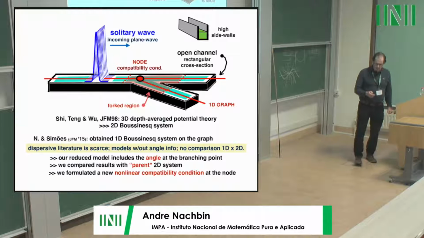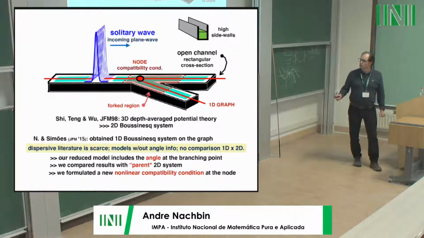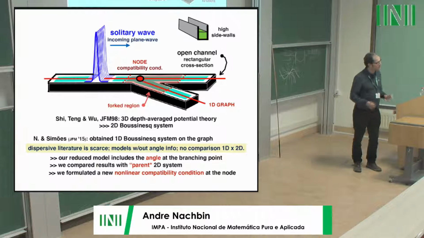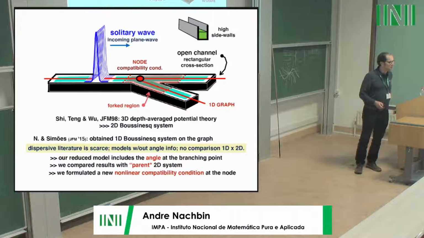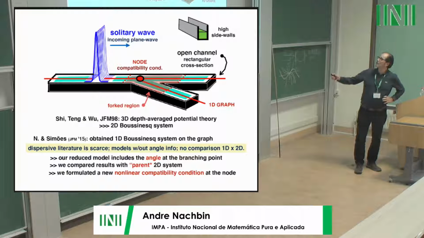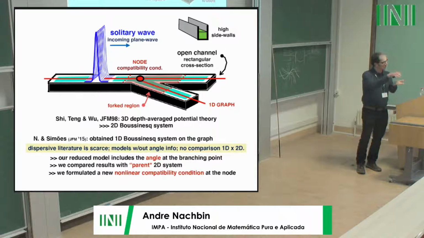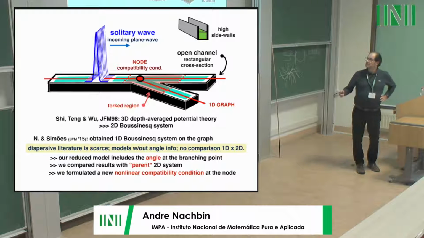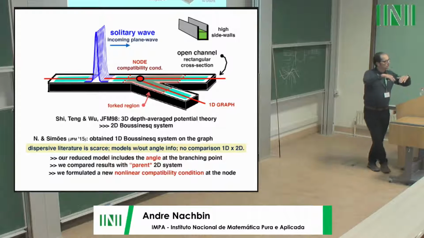I'll start. The modeling starts with actually Wu in 1981, who had the first work doing the depth-averaged potential theory. So averaging, he calls it the layer model. So he averages the potential theory over depth. I'm not going to write the potential theory equations. And then he actually considers bottom variations in time and so on.